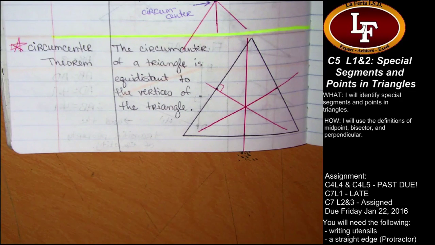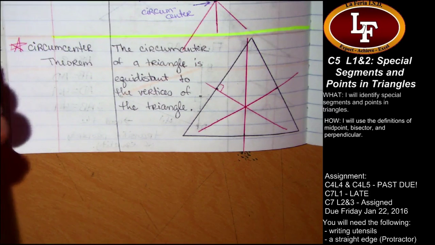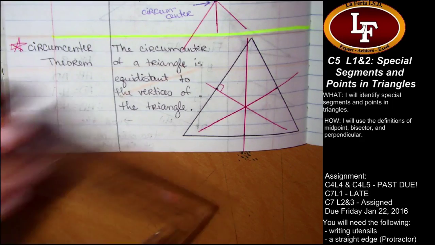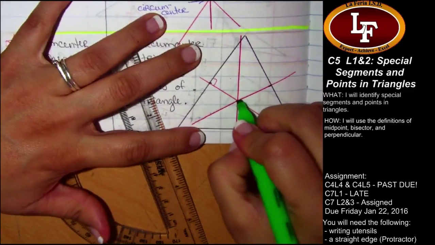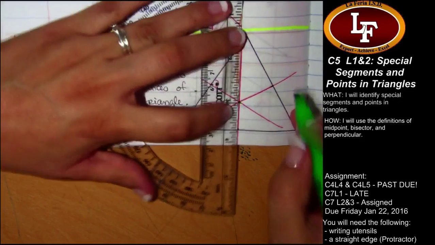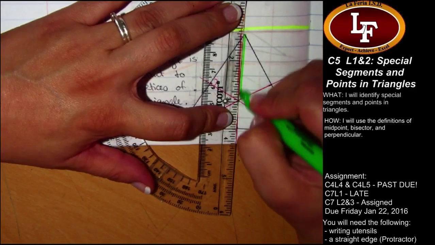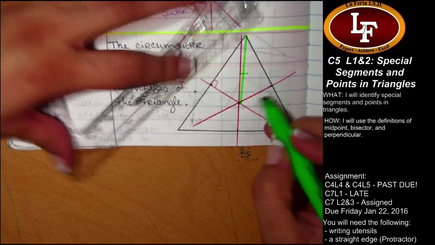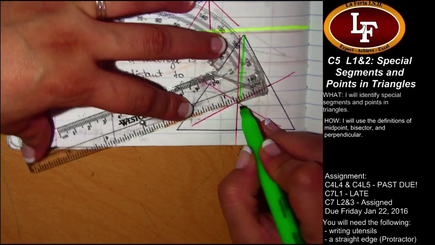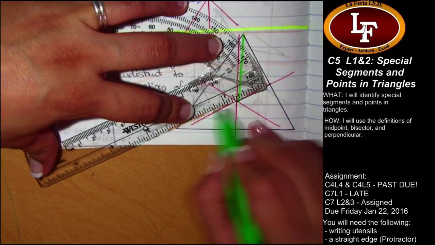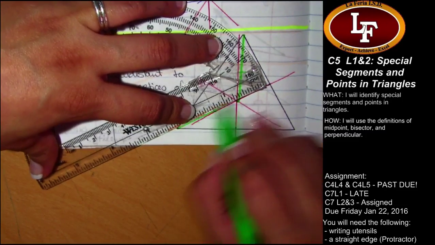Perfect. All right. Here's what the theorem says. It says this point right here, that circumcenter, if you were to take a segment and connect it to the vertex, this segment would have the same measurement as every other segment going from that same point to the vertex of the triangle.